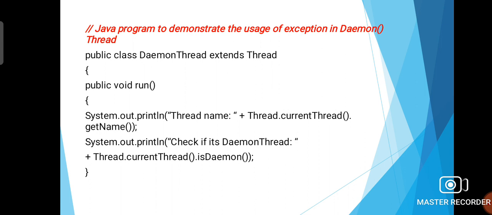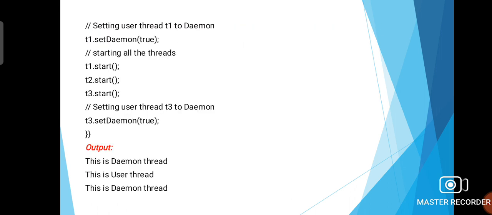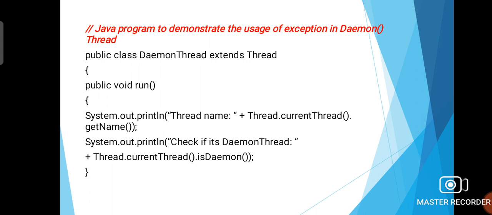So during the execution of T2, when we check for the daemon thread condition, it will produce the false result. In this way, we can use the setDaemon method to change one thread into daemon thread, and the isDaemon method is used to check whether the current thread is daemon thread or not.